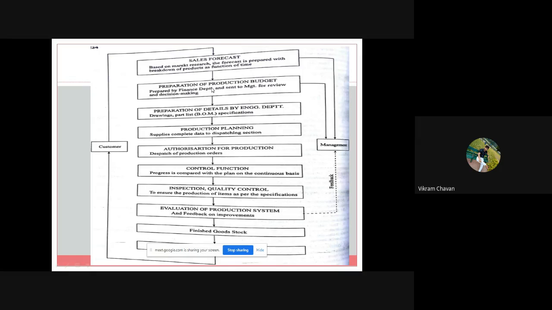Okay, is everyone getting it? What is meant by sales forecasting? What is meant by preparation of production budget, and who will prepare the production budget? Please answer in the chat box whether you understood. Is my voice audible to everyone?